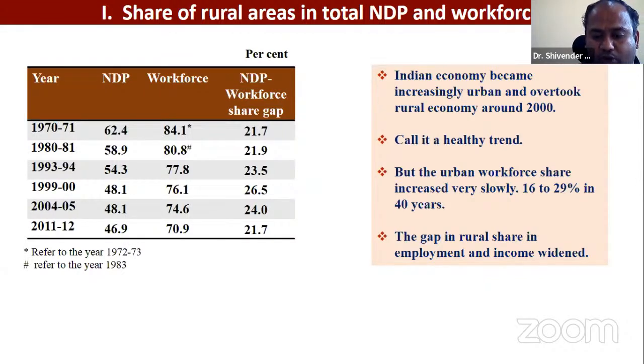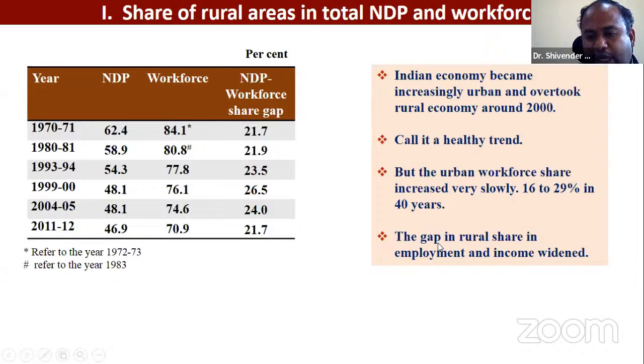After 2011-12, no base has been changed, so we do not have separate rural and urban data on the output side, meaning net domestic product. This is one limitation. If you are planning any analysis, you should know this beforehand, because the data is sort of outdated. But in terms of employment, we have more recent rounds also.